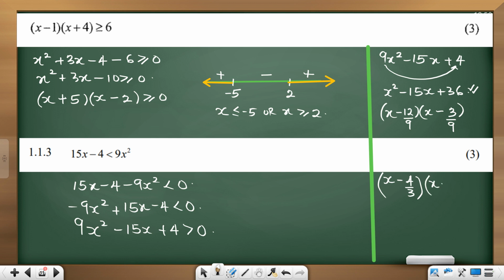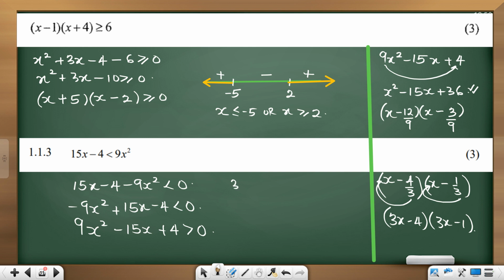And this will be x minus 1 over 3. Now listen. These are your critical values. But you don't write this equation like this. I am going to move this 3 to this point. It's a lot of steps, but I love it. 3x minus 4, 3x minus 1.